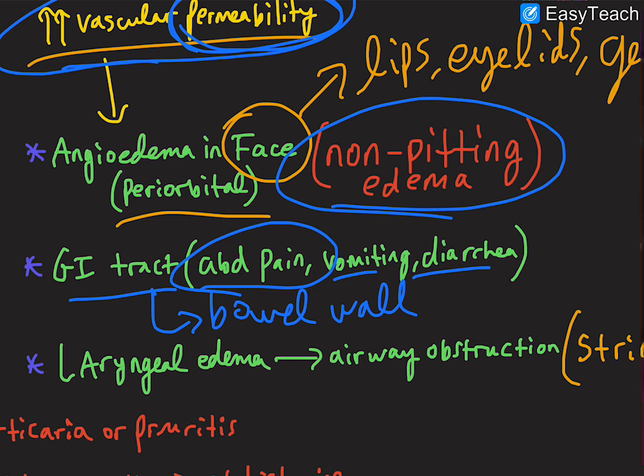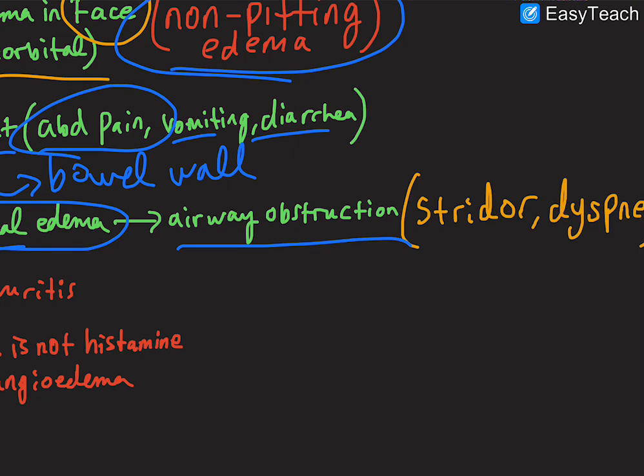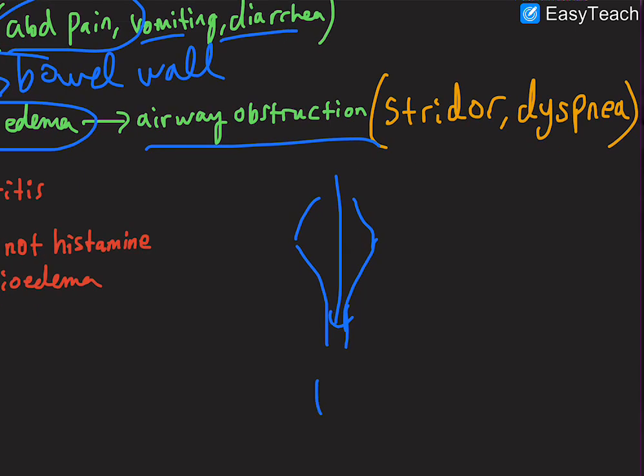And even more dangerous, if this edema occurs in your larynx, right? If you have laryngeal edema, edema around your larynx, that can obstruct your airway. Because we know your larynx eventually goes to your trachea, which is your windpipe, and that's where air goes and then goes to your lungs.